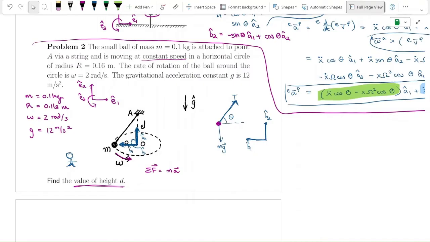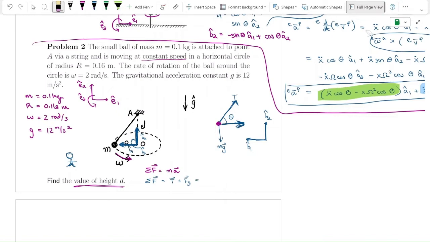So then our sum of forces is equal to the force of tension plus the force from gravity. Tension is acting in the negative b1 hat direction, negative cosine theta b1 hat.